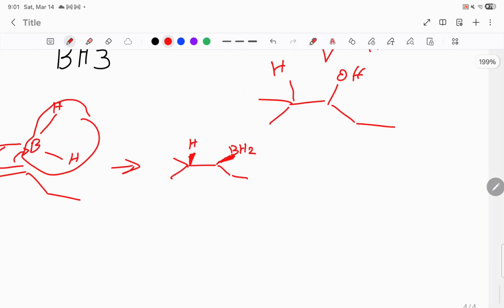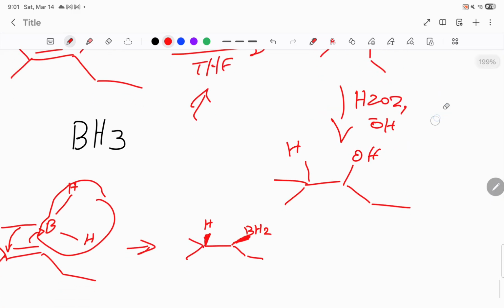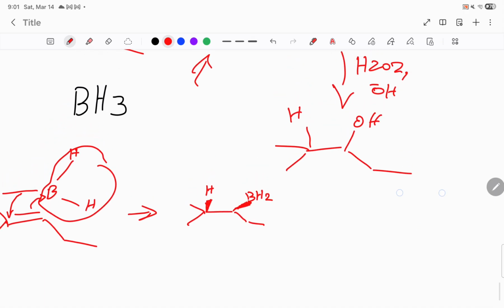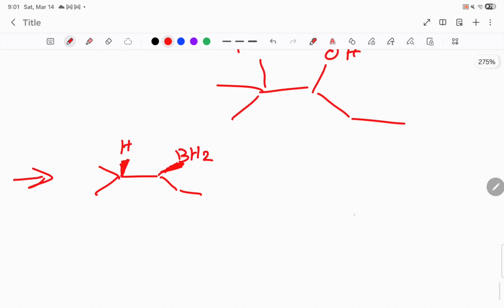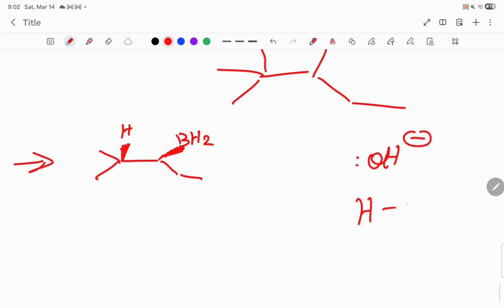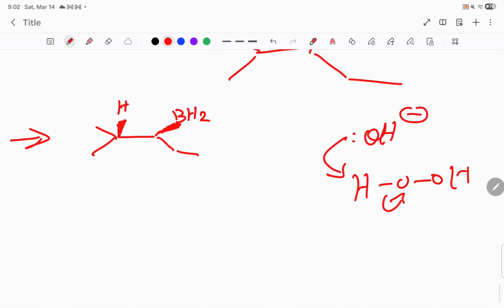Now let's talk about our oxidation step. The oxidation step requires this OH minus to be present, mildly basic. So watch this. Our OH minus is going to activate our hydrogen peroxide. So it will take this away and add here.